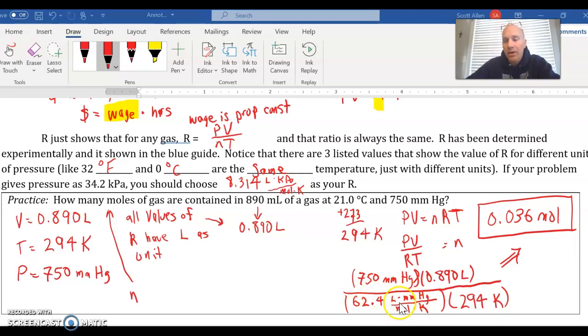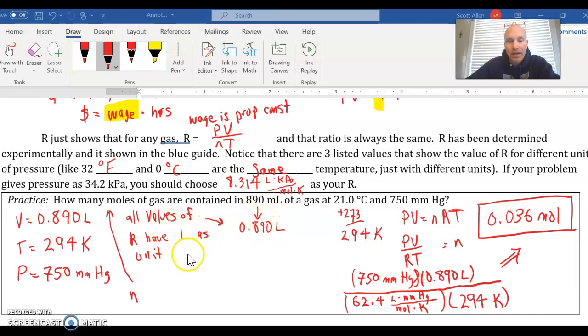Another thing about this is that since it gives liters as your unit, but the volume given in the problem is in milliliters, we're going to have to convert that to liters. To convert 890 milliliters to liters, we're going to divide that by 1,000.